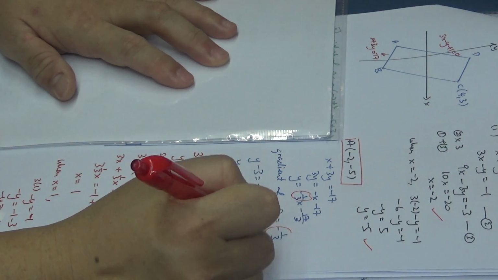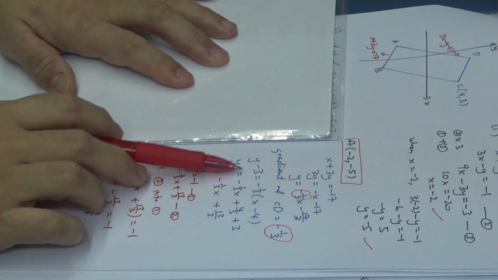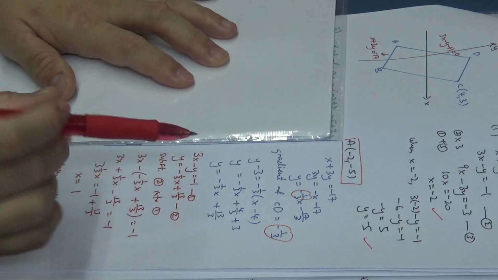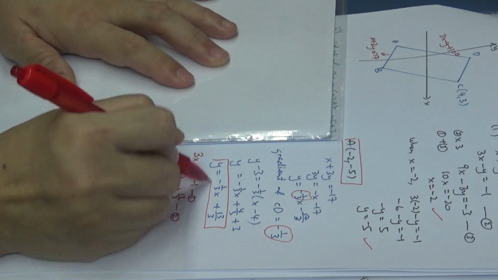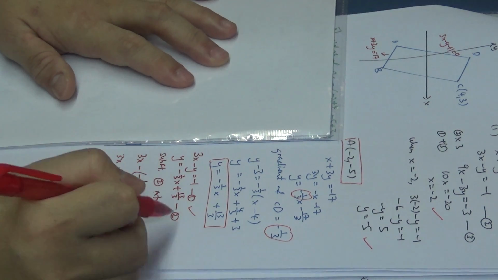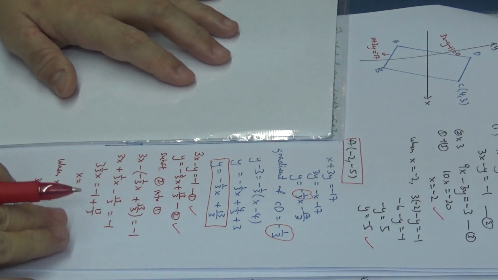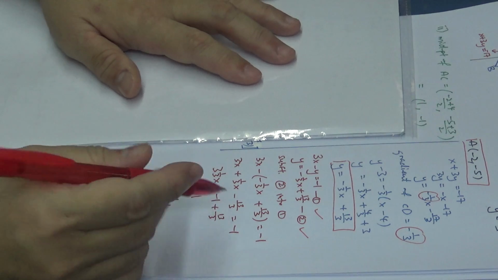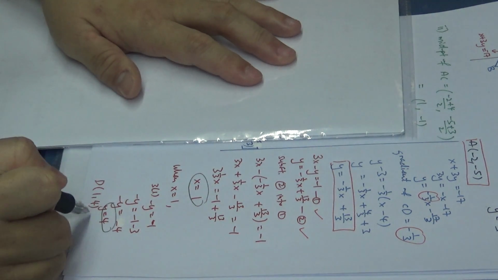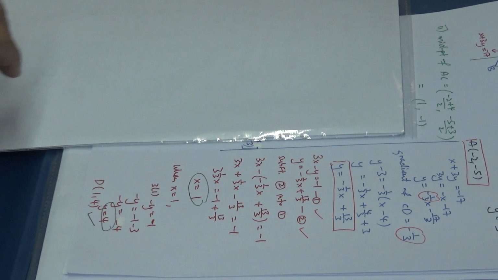Because CD passes through the point C (4, 3), I substitute here, I will get this particular equation. This is the equation for AD, this is the equation for CD. I solve them simultaneously. I will get x as 1 and y as 4, so point D is (1, 4).